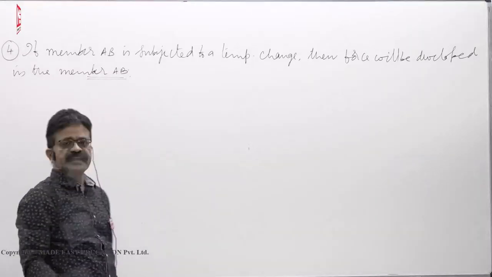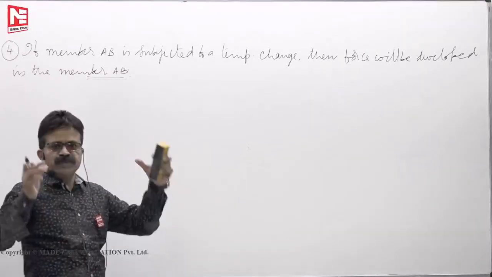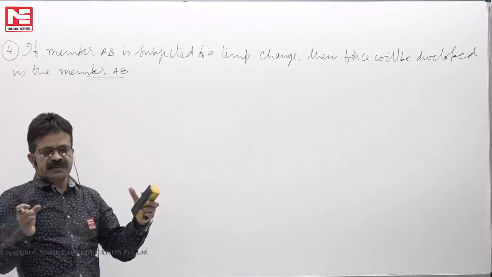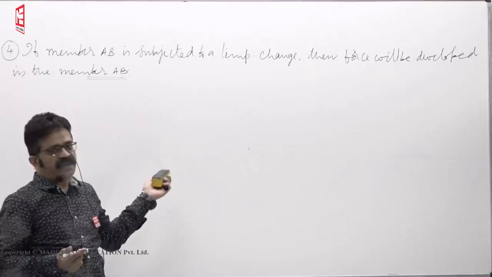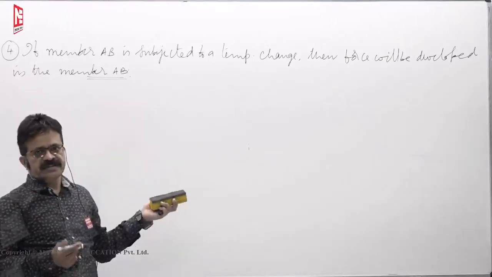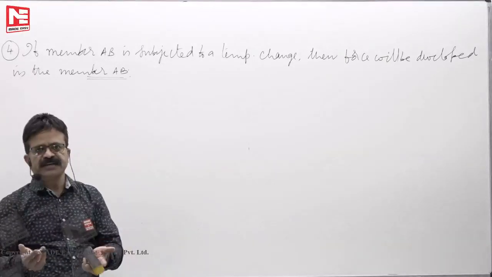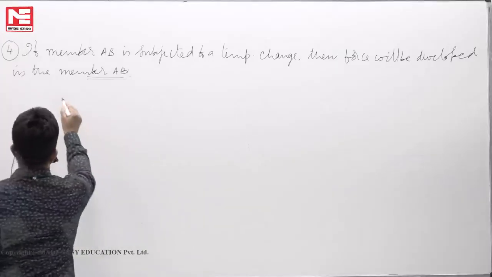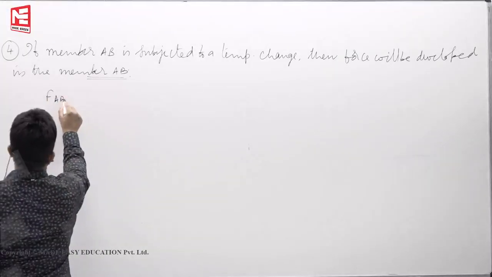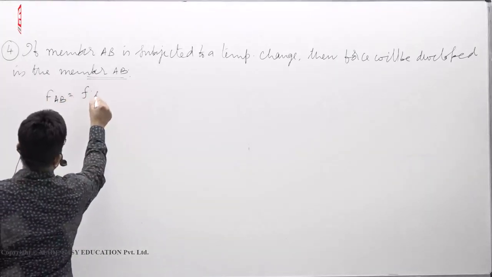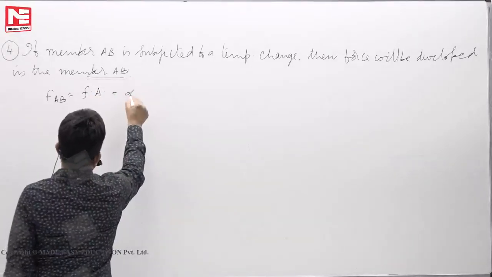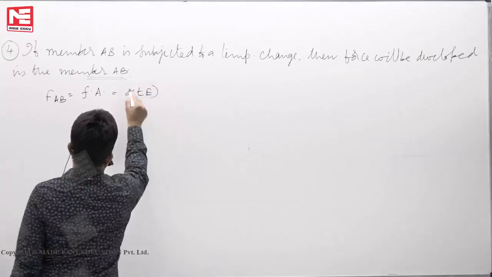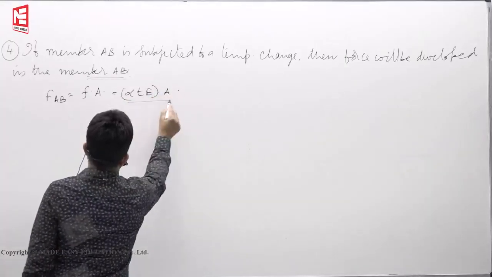This is what you have studied in strength of materials. If both ends are fixed, let us say, then due to temperature increase, stress is alpha T E, force is stress into area, alpha T E into A. Same thing here also. Force in the member AB is equal to stress into area, temperature stress into area. So temperature stress we know is alpha T E into A.